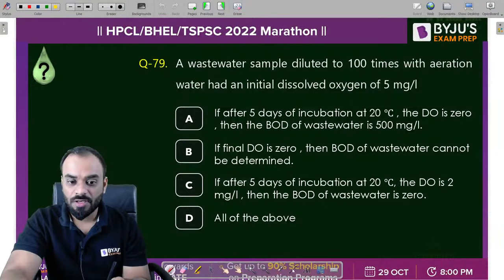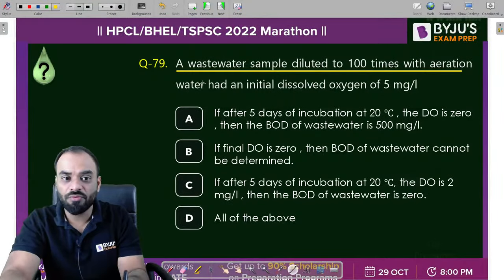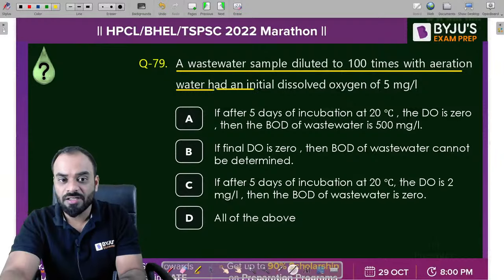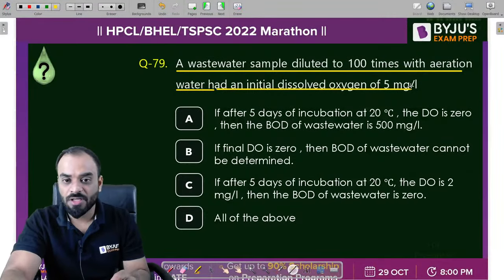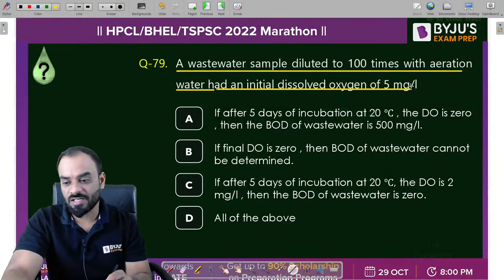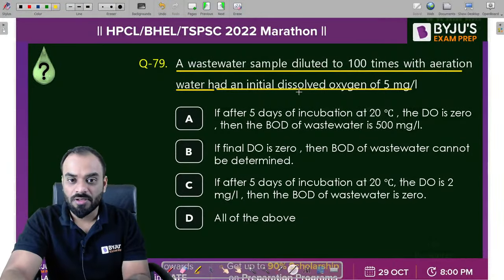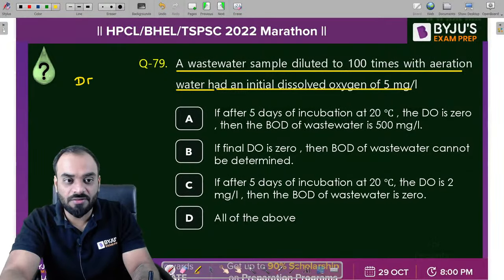Next question. A wastewater sample diluted to 100 times with aeration water had an initial dissolved oxygen of 5 milligram per liter. Now you need to read the rest of the statement so that you can give the correct answer. Dilution factor is 100, and initial DO is given to us, which is 5 milligram per liter.